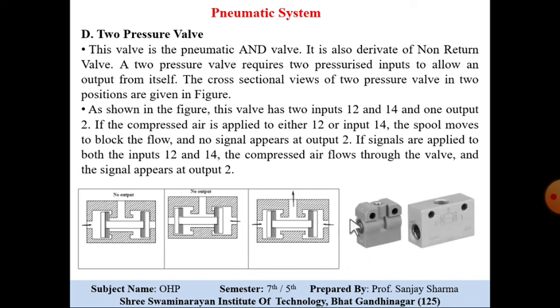So you can see internally there will be two pistons inside. So this is inlet 1, this is inlet 2, and this is outlet. So pressure 1 and pressure 2 should be balanced. So the pressure 3 we can get from here.